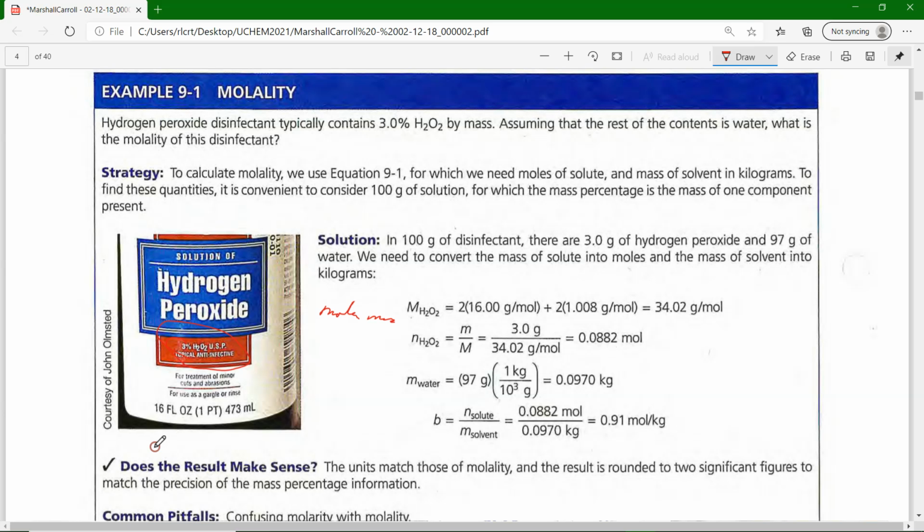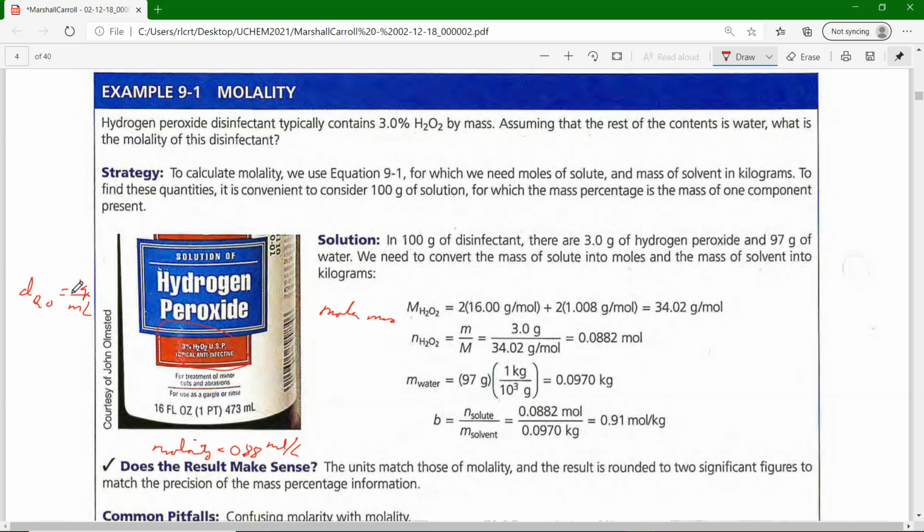So I could say molarity, though it wasn't asked for, would be approximately 0.88 moles per liter. Okay, there I'm assuming that the density of water is 1 gram per mL.